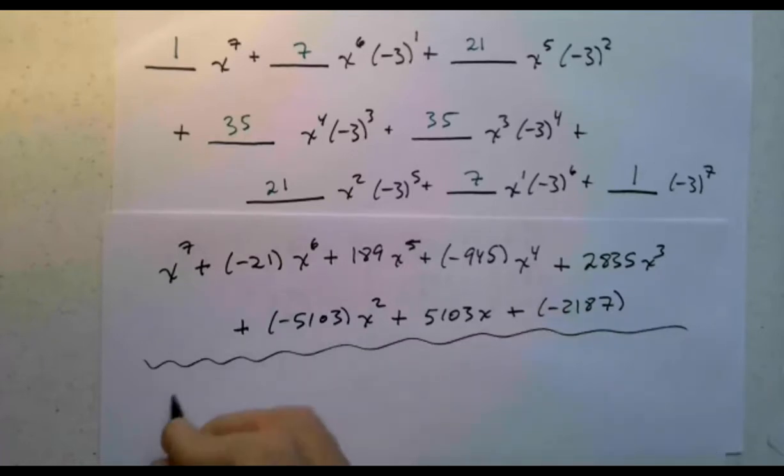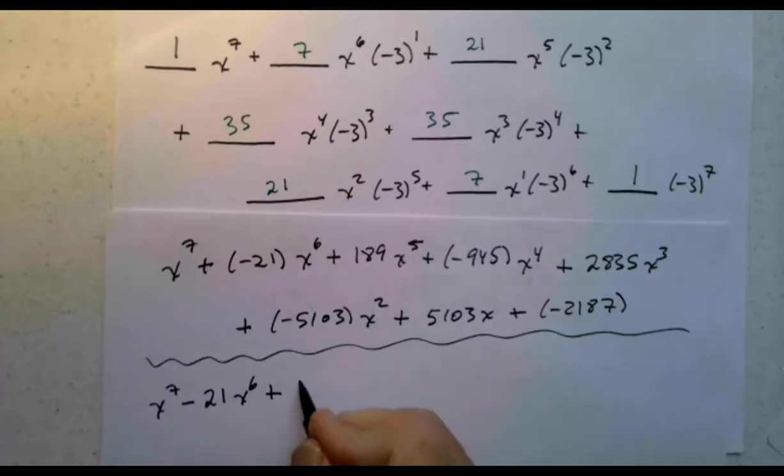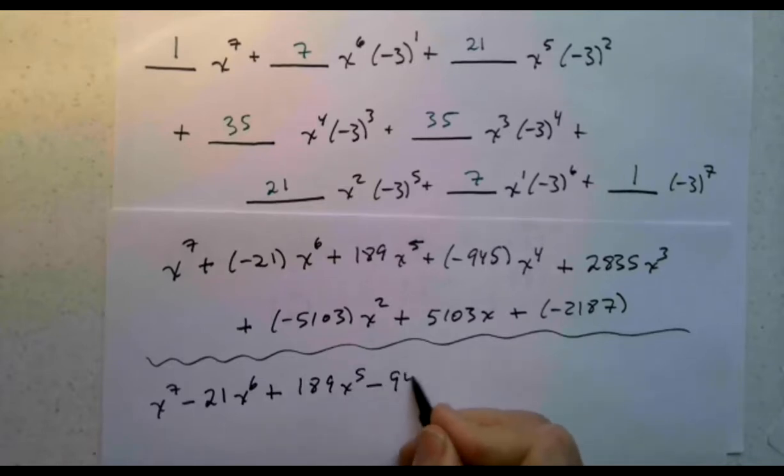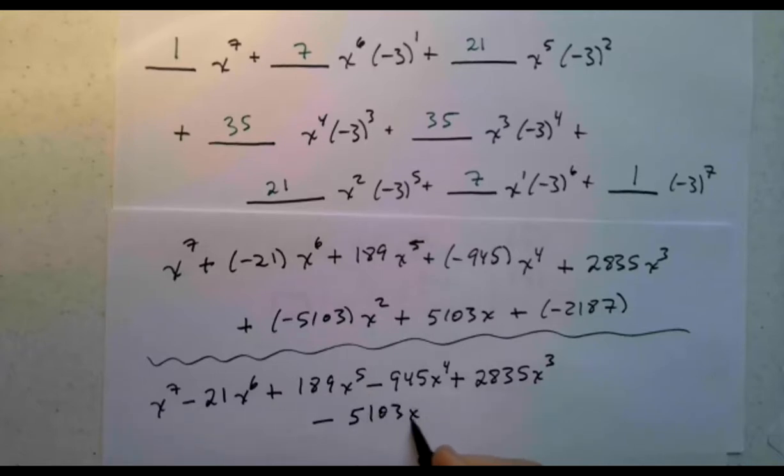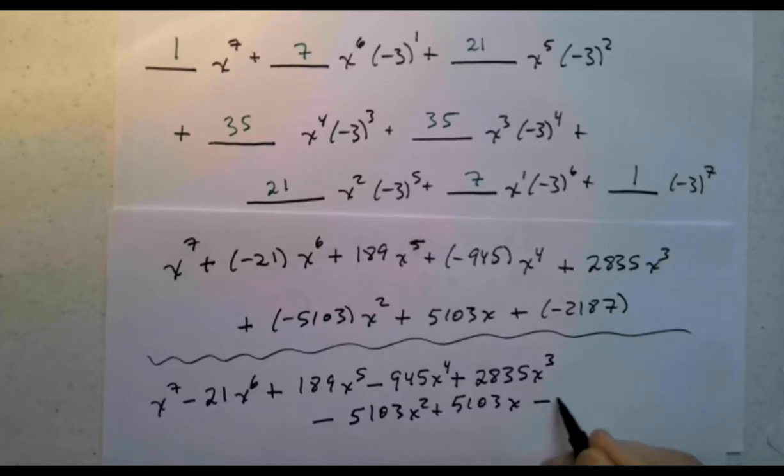Make all the plus negatives minus. So x to the 7th minus 21 x to the 6th plus 189 x to the 5th minus 945 x to the 4th, plus, excuse me, 2835 x to the 3rd minus 5103 x squared plus 5103x minus 2187.